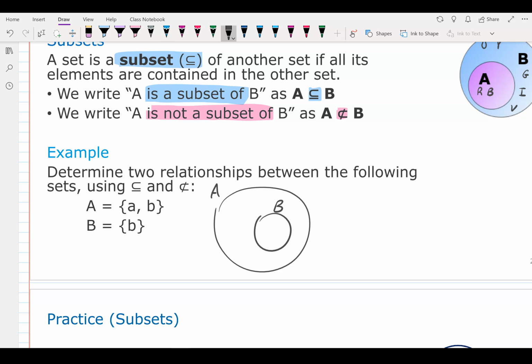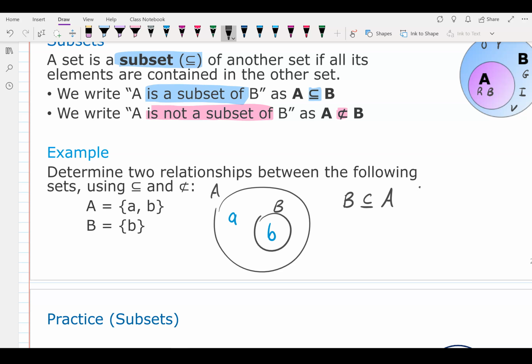Well, we could say that A is in the set and B is in the set, and then you'd hopefully see that if we look at A as a whole, that's AB, but if we look at B on its own, it's inside of A and it exists. It can exist on its own. What I'm trying to say is B is definitely a subset of A.